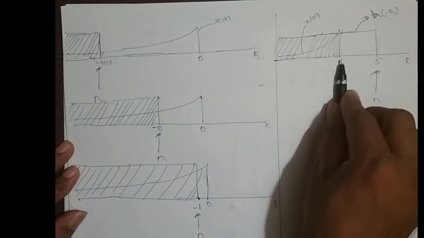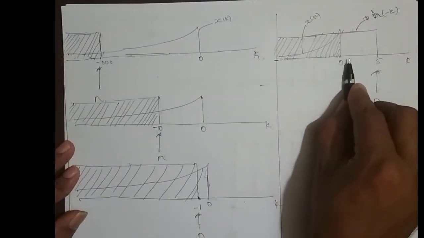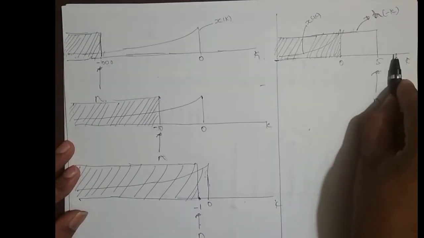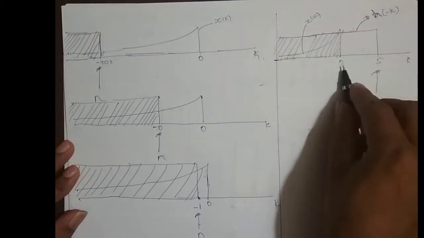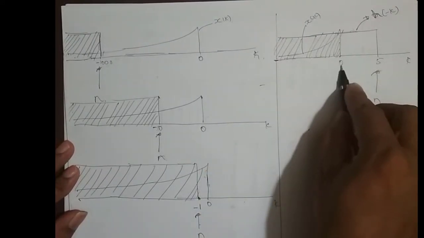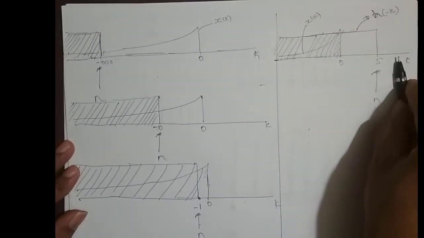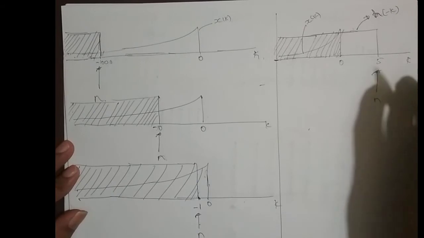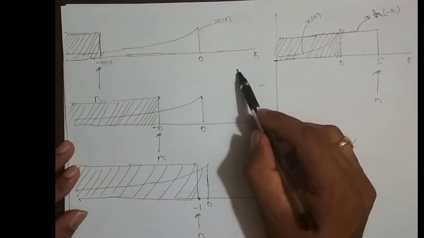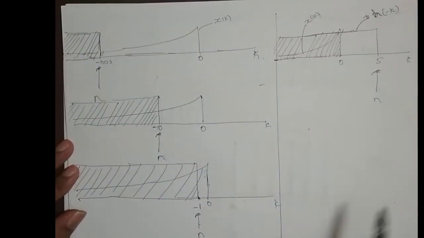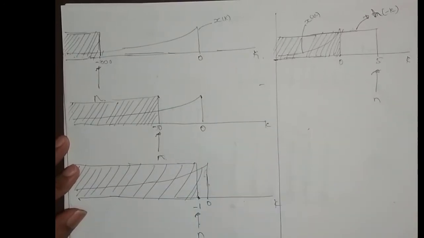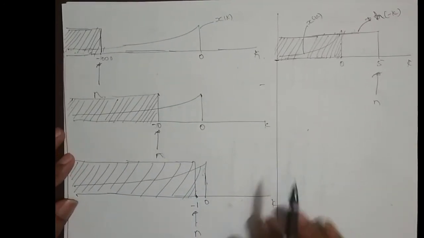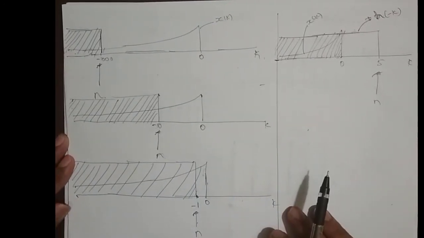After 0, when I move this h of minus k to the right anywhere I want, the overlap portion remains the same, from minus infinity to 0. Even if I put this slider till infinity, the overlap region remains from minus infinity to 0. So this is what is happening with respect to the overlapping region of the sequences x of k and h of minus k.